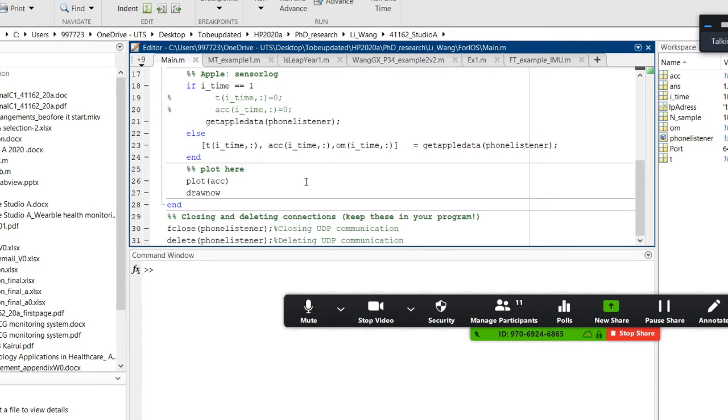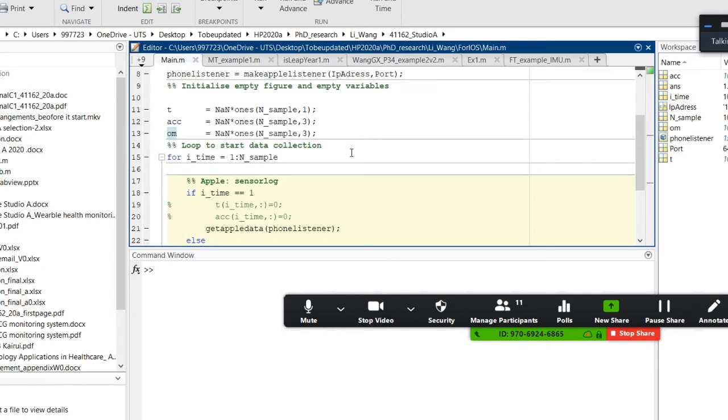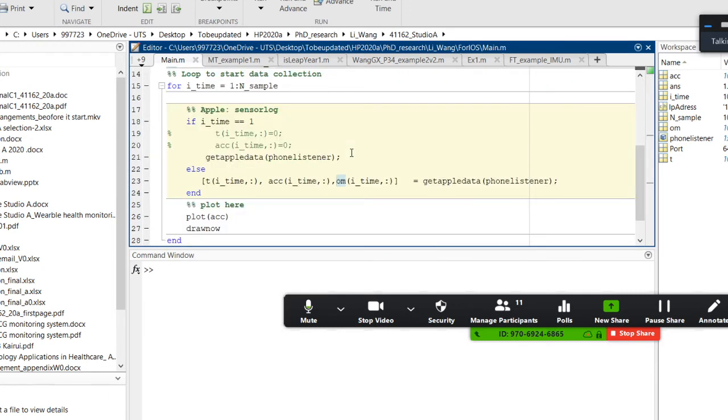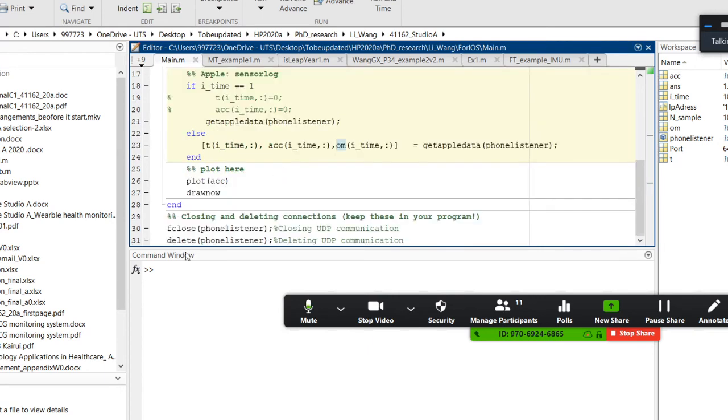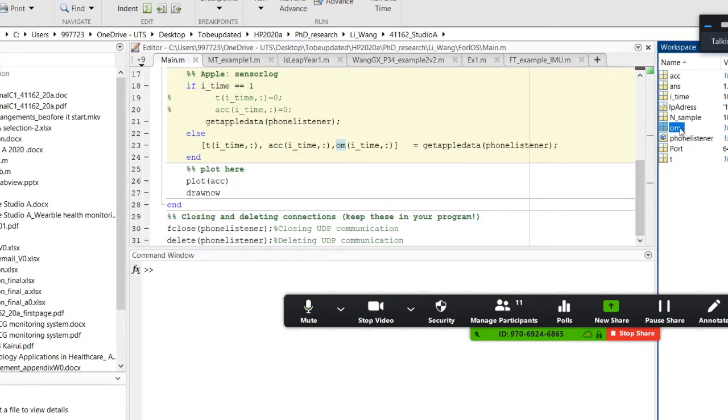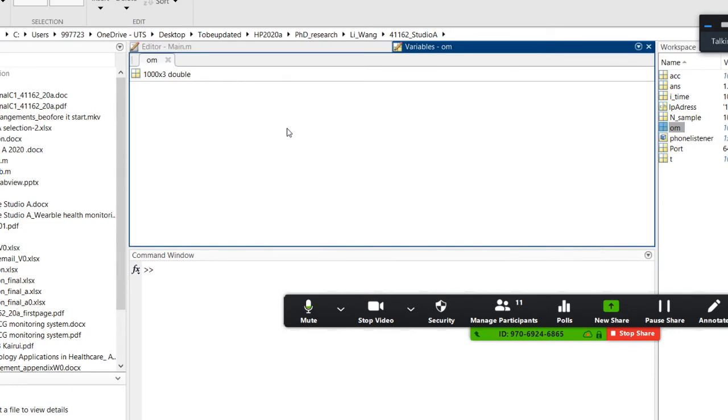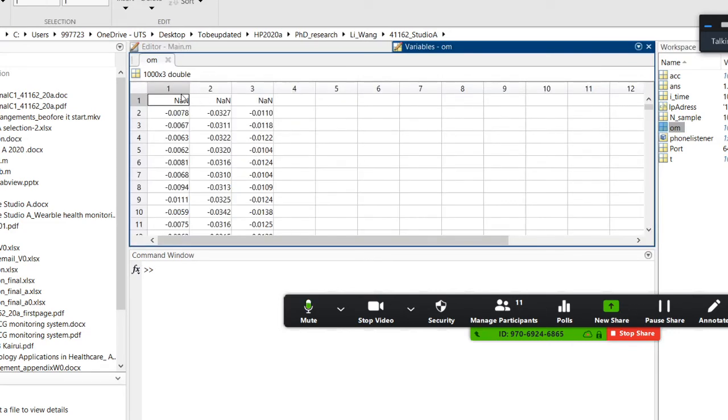Yes, OM is the gyroscope. You have the gyroscope data. So which variables do you get for this one? OM, so I use OM here. So this is the OM data you get. I find the first one is always too big, so I need to delete this one.